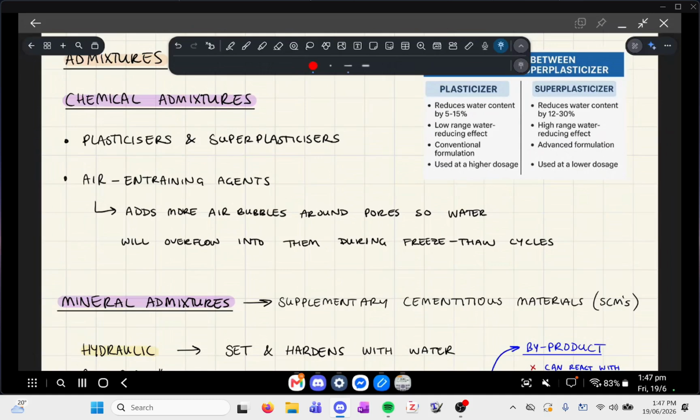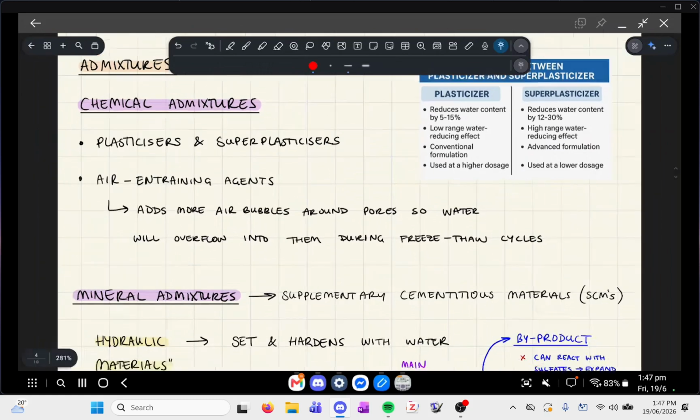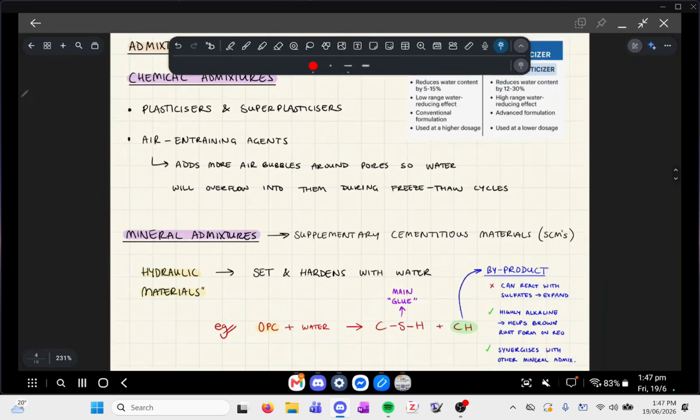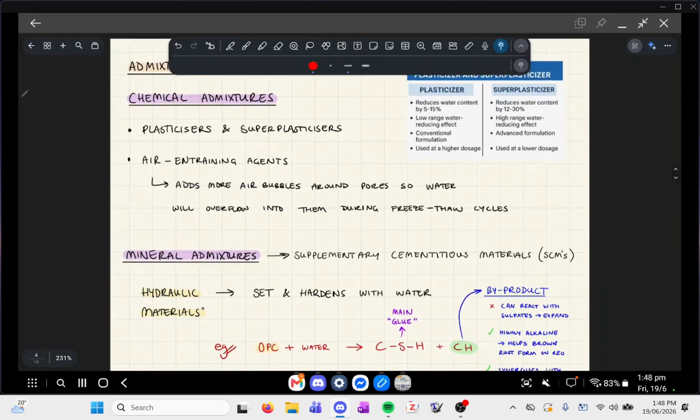So this is in areas which are snowy or very, very cold. Because if you don't have these, the risk of freeze-thaw cycles is they can cause brittle cracking and things like that. Anyway, so air entraining agents was another example of a chemical admixture.